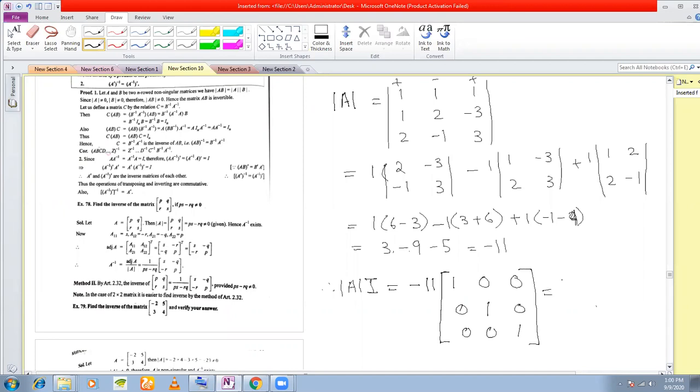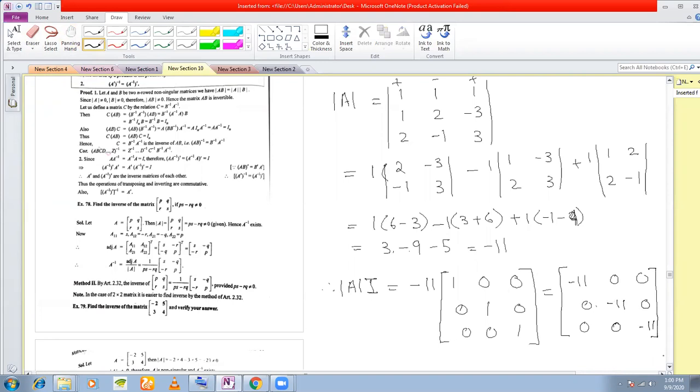When you multiply, you will get minus 11 0 0, 0 minus 11 0, and 0 0 minus 11.